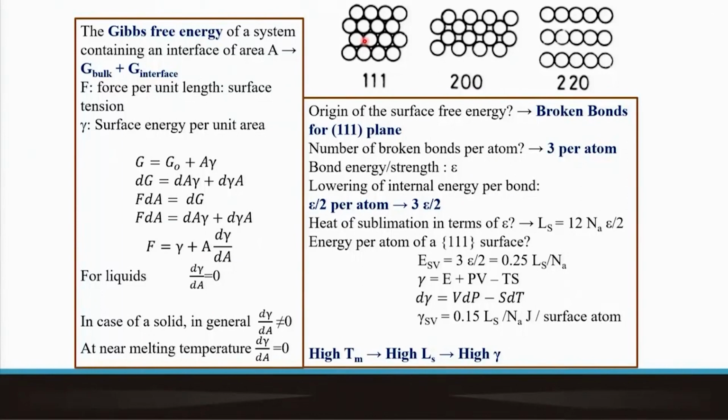The contribution per atom is going to be half of that, which is 3 per atom. And if we assume that the bond energy or bond strength is epsilon, then the internal energy per atom will be 3 epsilon over 2. Now this description is true for the 111 crystallographic plane in an FCC Bravais lattice.